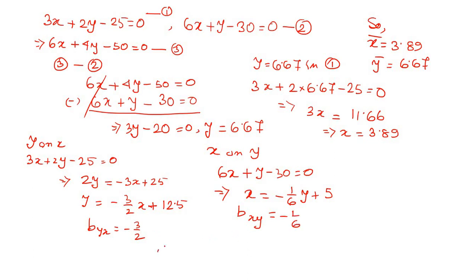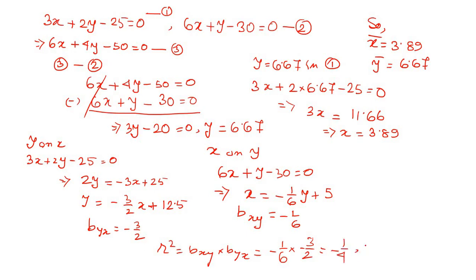So we have r square equal to bxy into byx, equal to minus 1 by 6 into minus 3 by 2. Remember, it looks like minus and minus will cancel each other, but we will retain the minus sign because both bxy and byx are negative, indicating that the correlation will be negative. So ultimately what you get is 1 by 4.